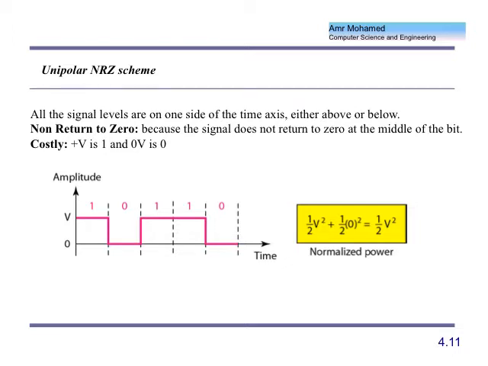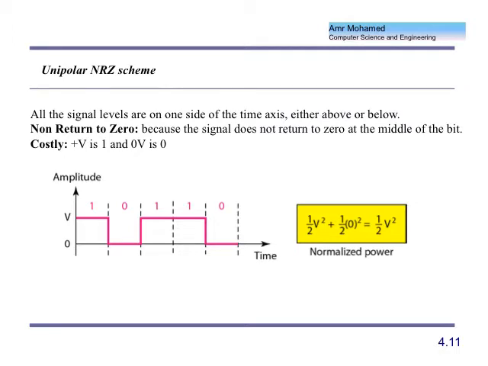Because if I have a constant positive voltage all the way, this means that I have high average power, and because this is constant, the frequency of this constant signal is 0, which means that I have high average power in the low frequency component, which is what we refer to as a DC component.